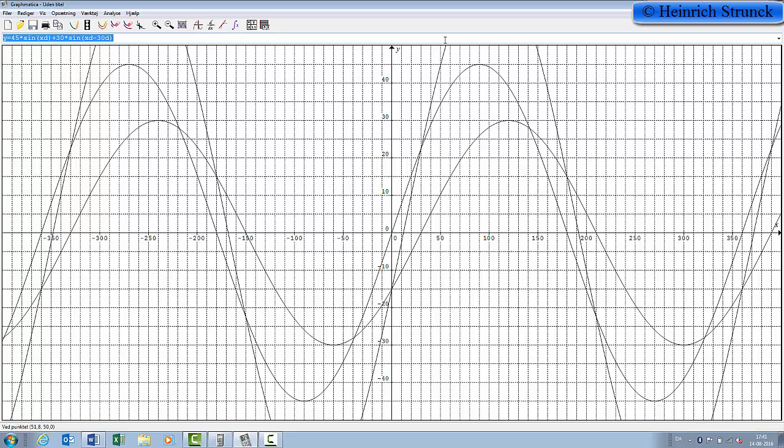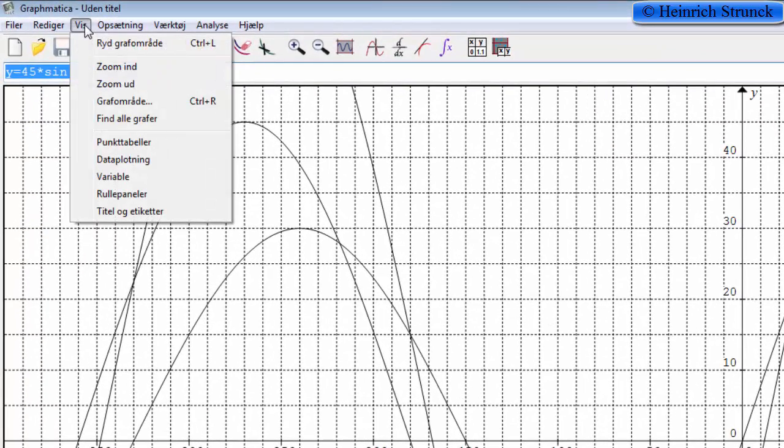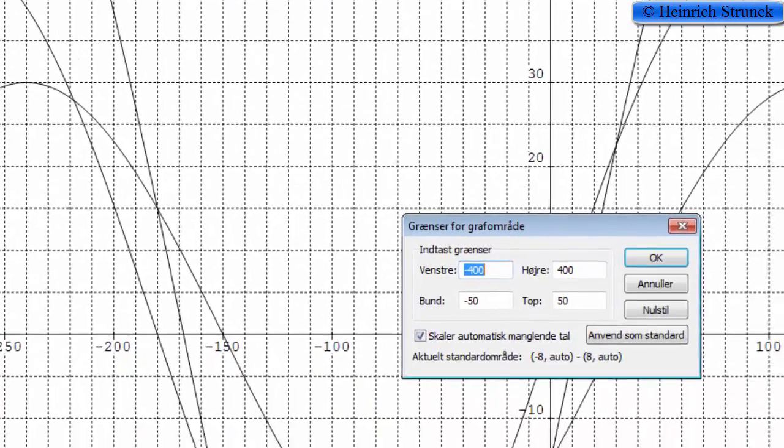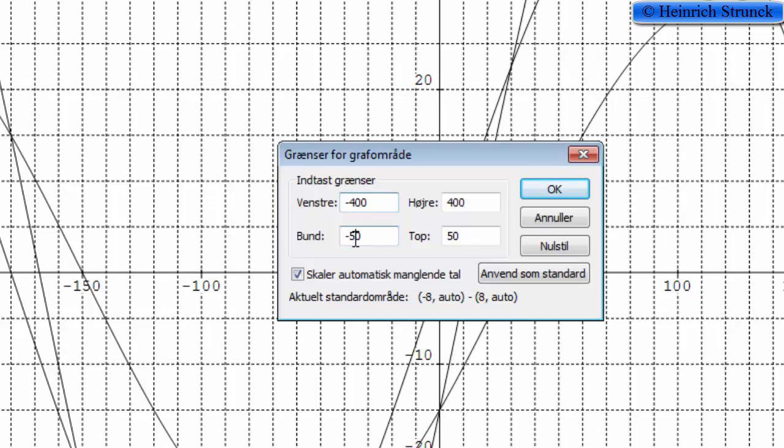Now we can see that it's above the limit of 50 volts, so we have to key in the area again, and I think, for example, plus minus 70 volts. That will do.